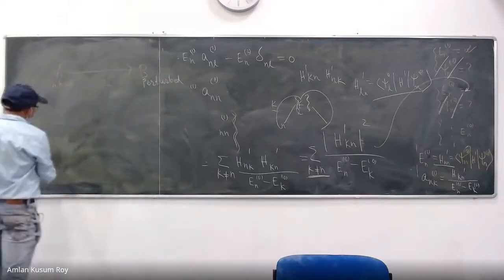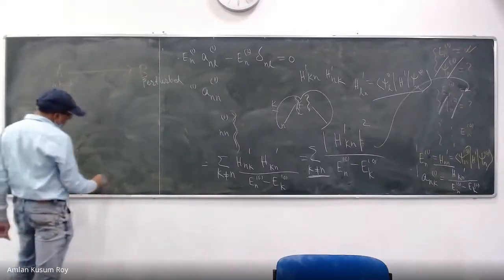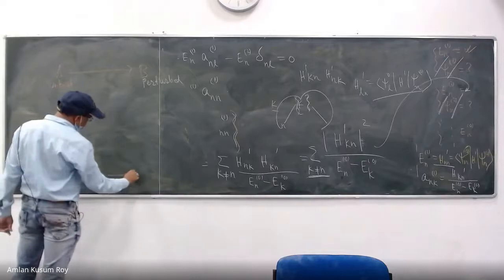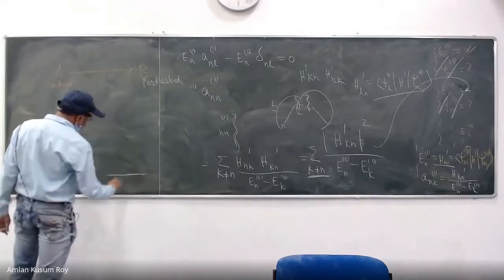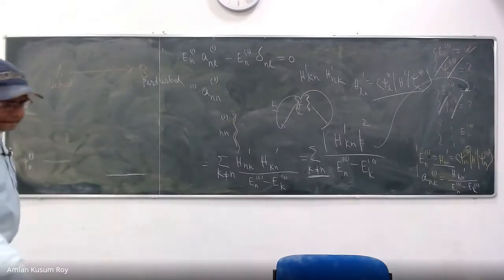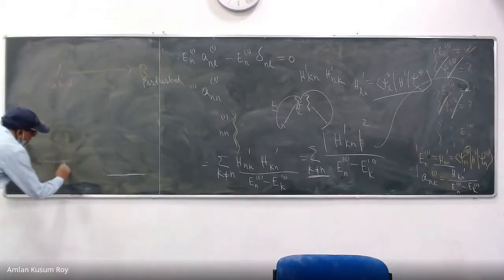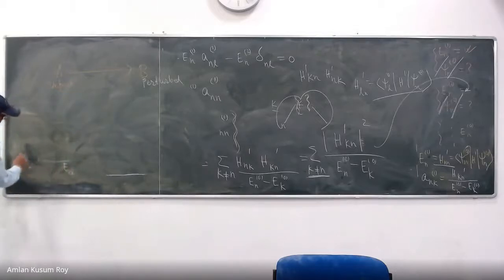What you see is this unperturbed state, say suppose this. And then what is this? So this is psi_k0, psi_00, psi_00 with energy E_0, the unperturbed state, right?